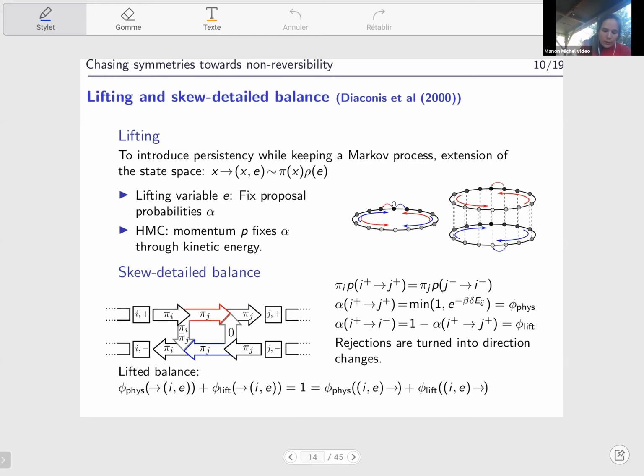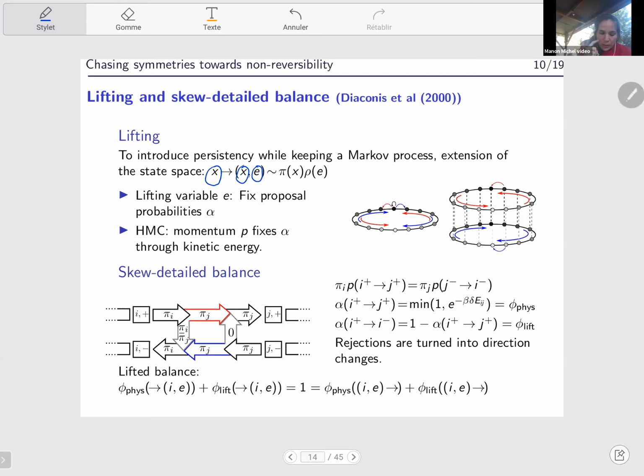The idea is that if you want to build persistency, in order to keep the process Markovian, you need to go from a state space with just your state to a state space where you encode both your state and the lifting variable, which in PDMP would be the velocities.